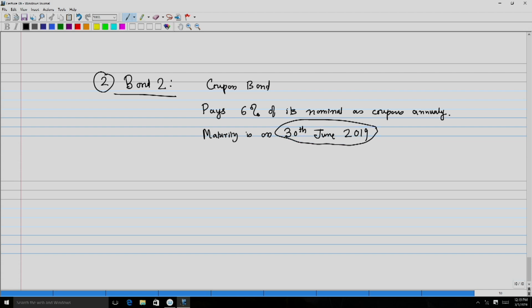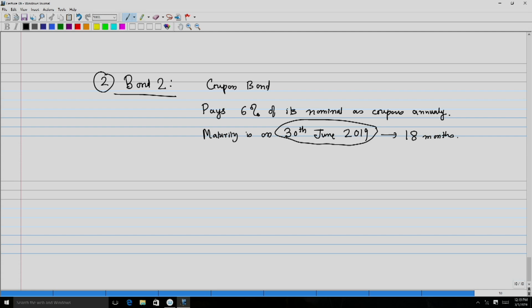So, remember today's date was 1st January 2018 and this bond is maturing on 30th June 2019, which means that the maturity of the bond is going to be 1.5 years or 18 months.